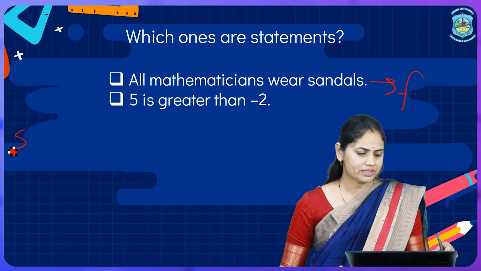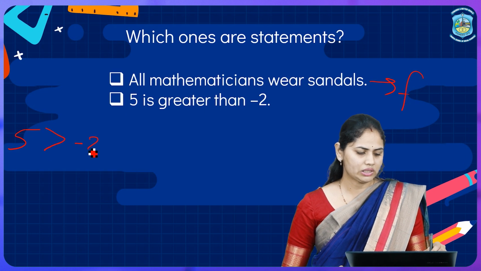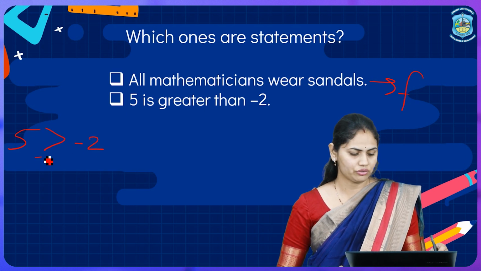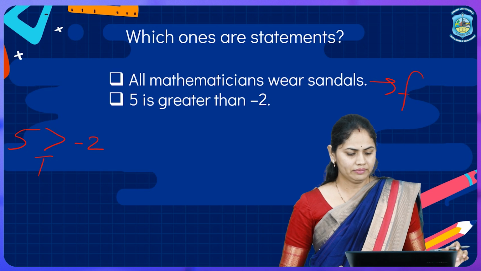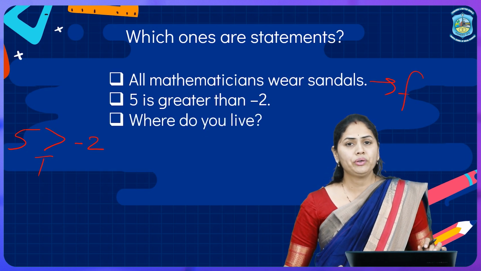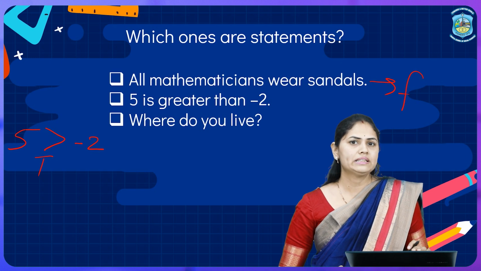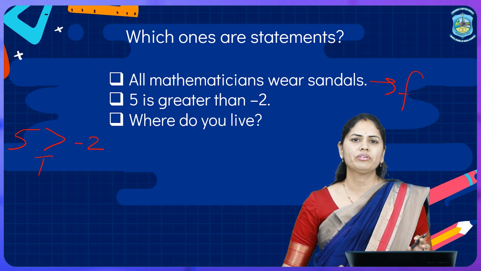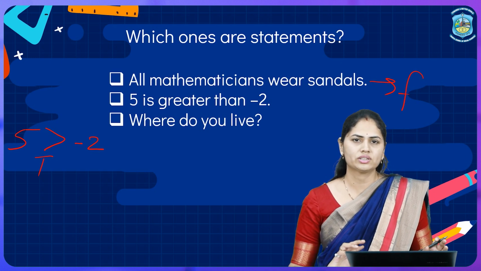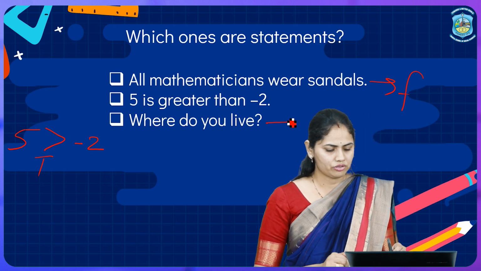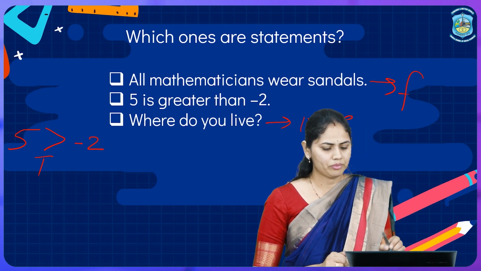Yes, this statement is also having a truth value, that is true. Then, where do you live? Now, it is not a declarative sentence, it is a question, where do you live? So, we cannot say true or false, it is not a proposition.